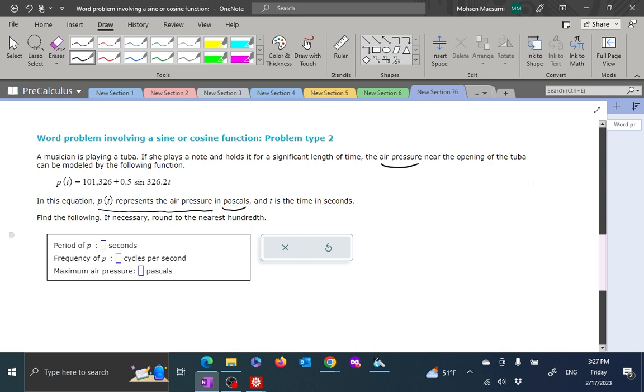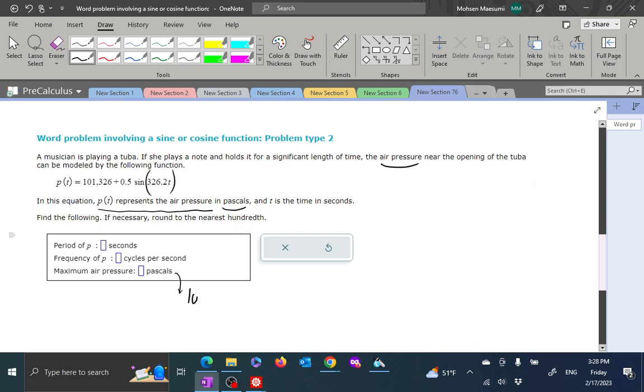That's the unit of air pressure. So P of T is this peculiar function: 101,326 plus 0.5 times sine of 326.2 T.